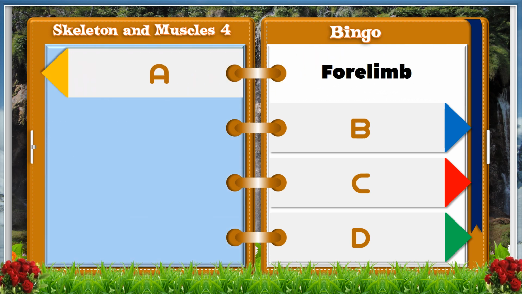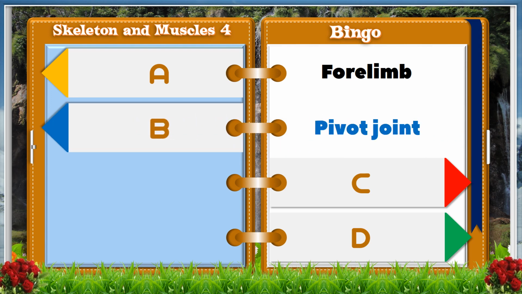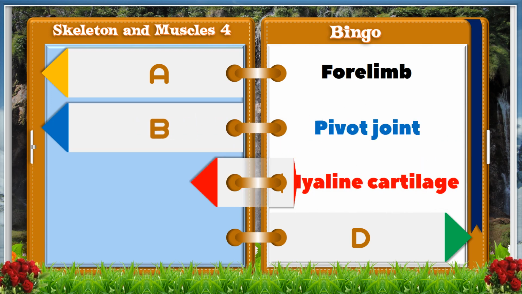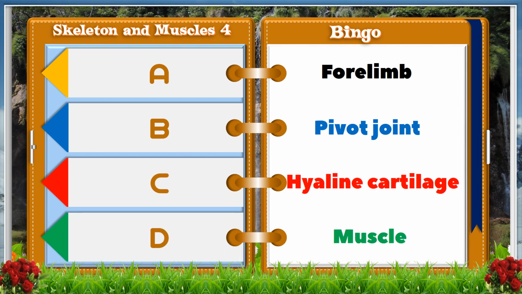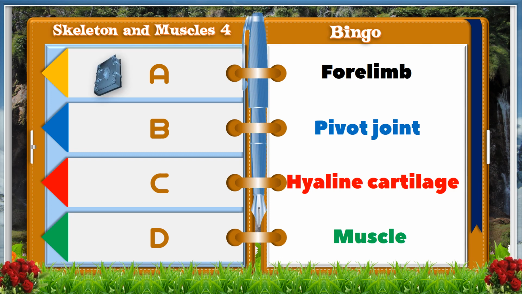A. Forelimb. B. Pivot joint. C. Hyaline cartilage. D. Muscle. And the answer is A. Forelimb.